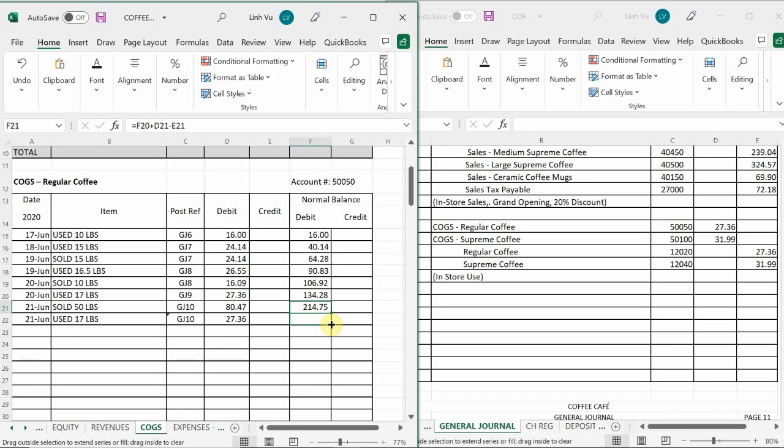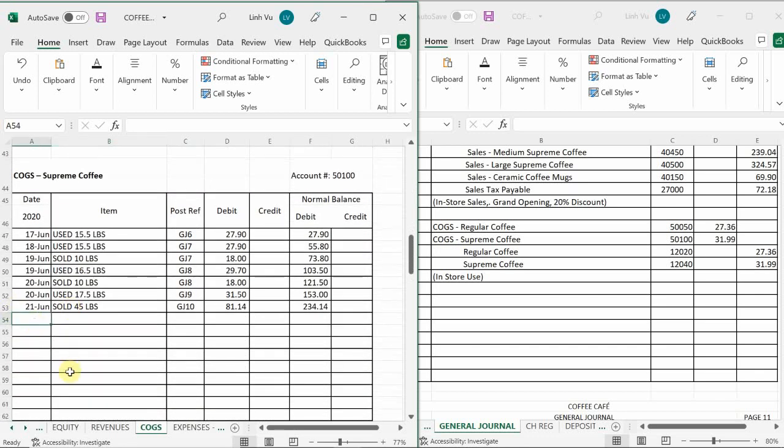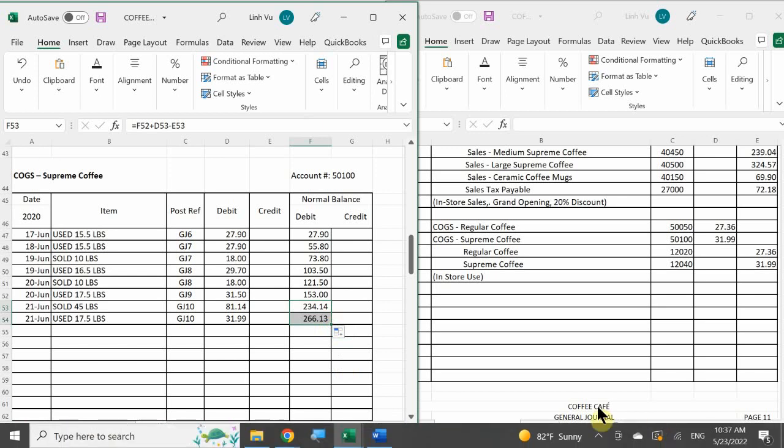We got 242.11. And then for my Supreme coffee, I end up using 17 and a half pounds, which cost me $31.99. So in this case, 234.14 add 31.99. We got 266.13.